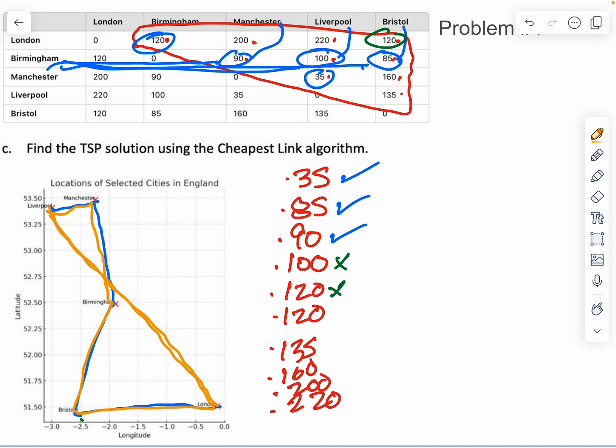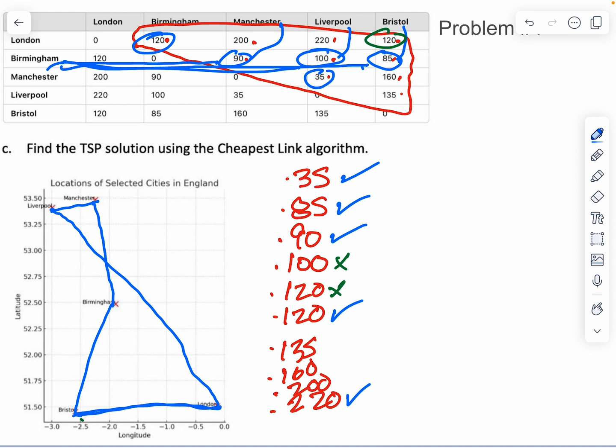I've got a circuit, and if you think about the way that circuits work, I have a closed figure, and this is all going to work here. So I am going to say yes to this 120. That is the Bristol to London. And then the only remaining one that I have in order to close my figure is going to be this, London to Liverpool, and that is my last one, 220.